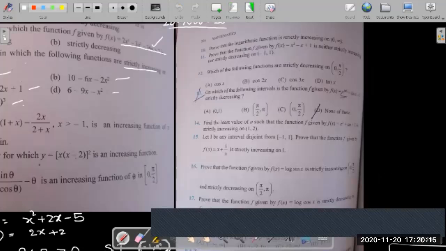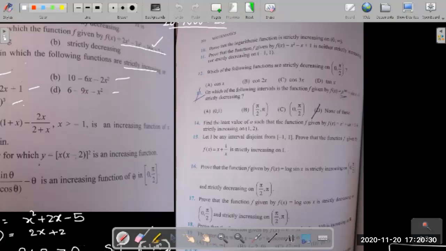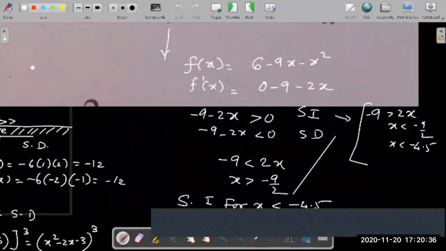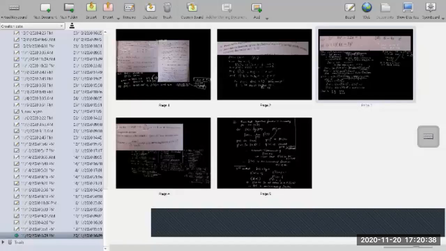Which of the following functions are strictly decreasing on 0 to pi by 2? You have cos x, cos 2x, cos 3x, and tan x. Let's see as many as we can do today. Cos x, cos 2x, 0 to pi by 2. So we go to the next page, and let me try to take this. This is the one we have done.